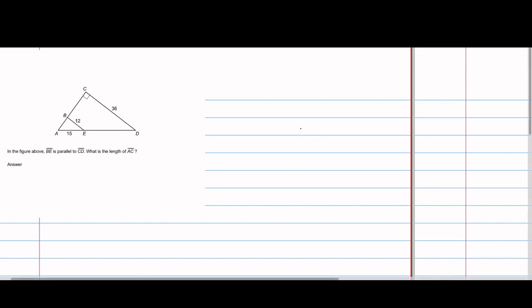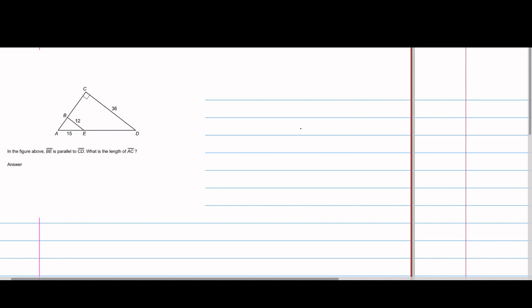First of all, like I said in the title of the video, I'm gonna use similar triangles to find AC. I could use other methods like Thales or any other method, but I'm going to use similar triangles to find the length of the segment AC.